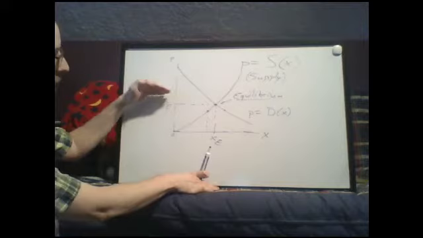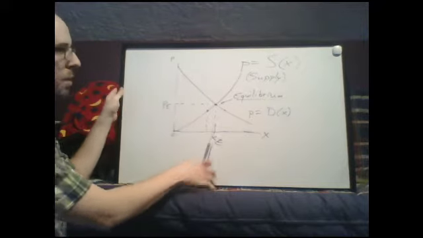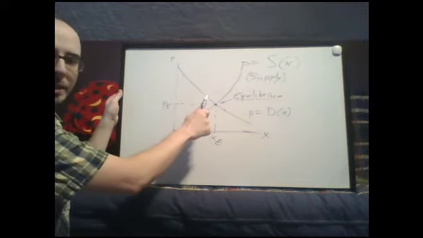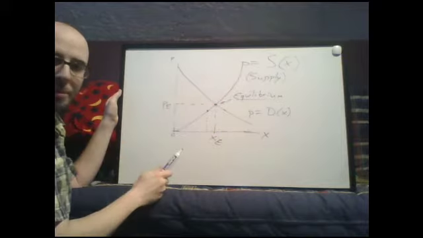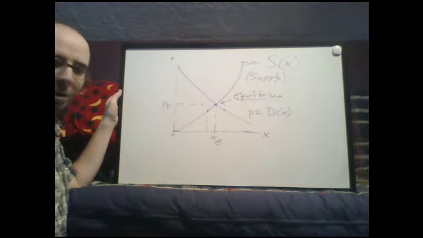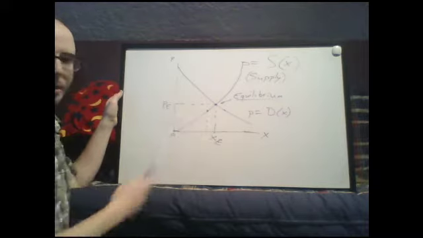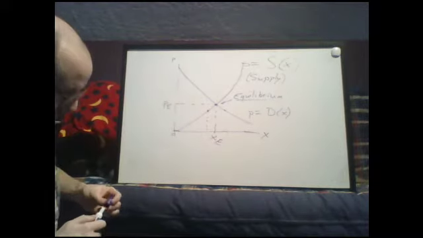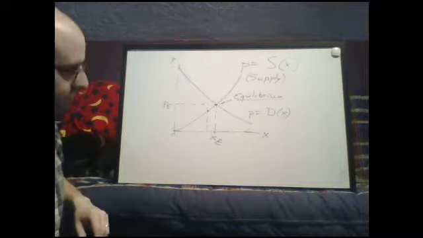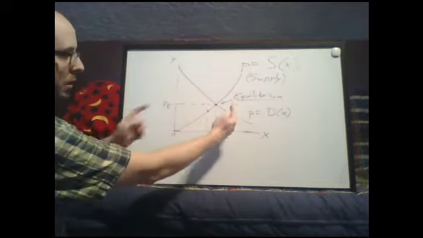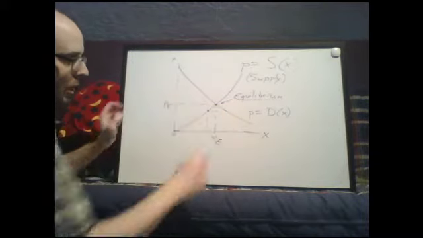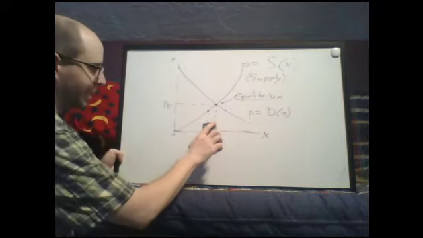Likewise, if the price was higher than that, there'd be more supply than there was demand. So the companies would be making a bunch of extra products and nobody would be willing to buy it. So they'd be losing money by making extra stuff, making stuff that doesn't get sold. So the two forces meet in the middle, and that's why it's called an equilibrium point.